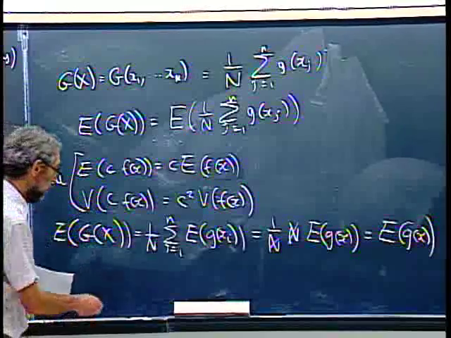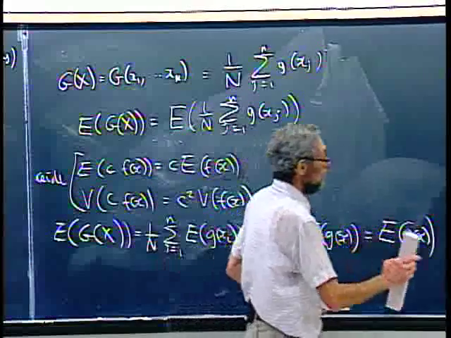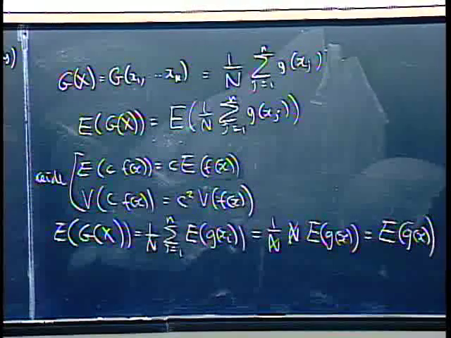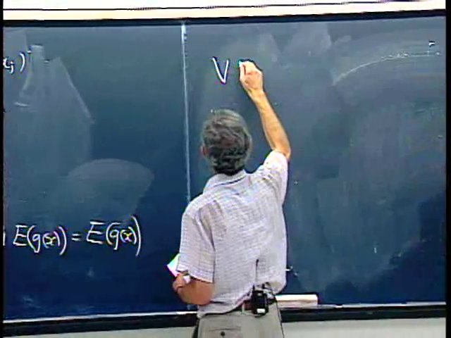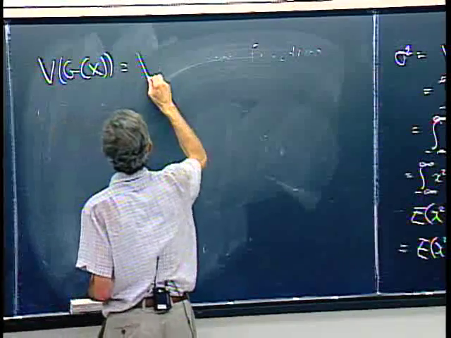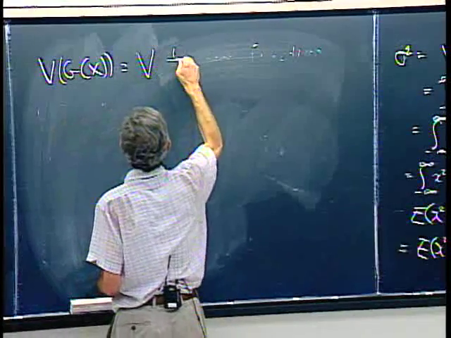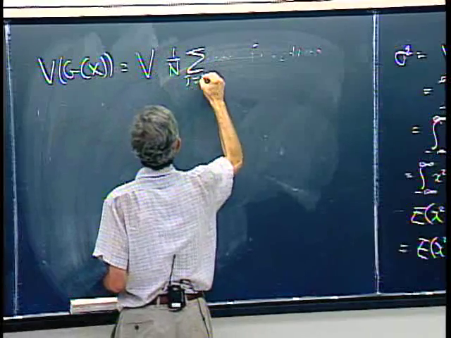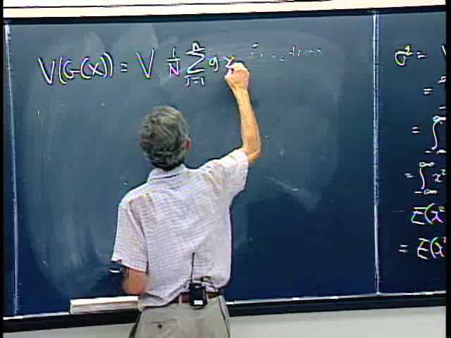So what I want to show is repeated trials decrease the variance. And for that, I'm going to use the formula for the variance of the sum. So the variance of g of x is the variance of 1 over n times the sum j equals 1 to n of g of xj.